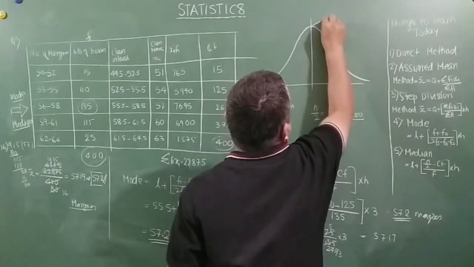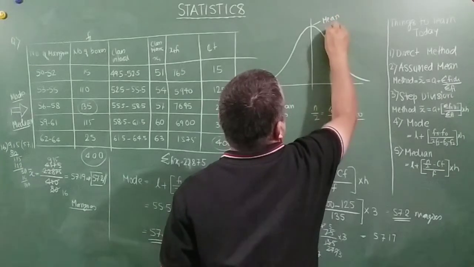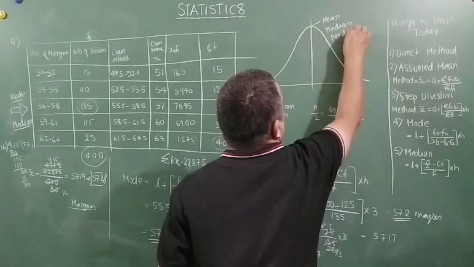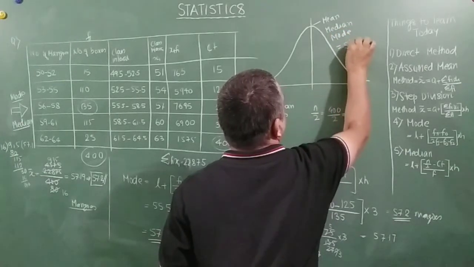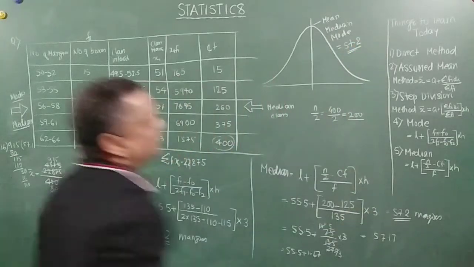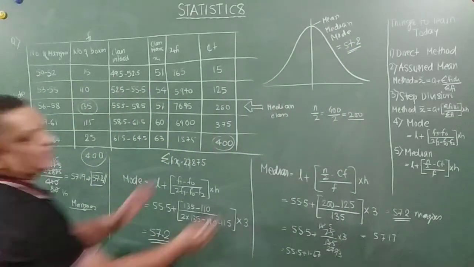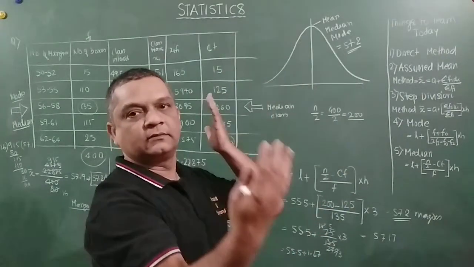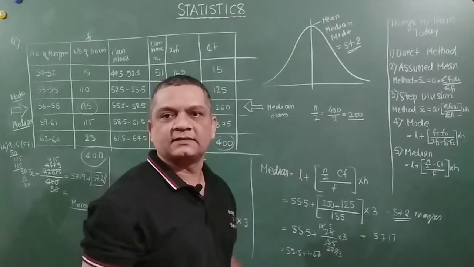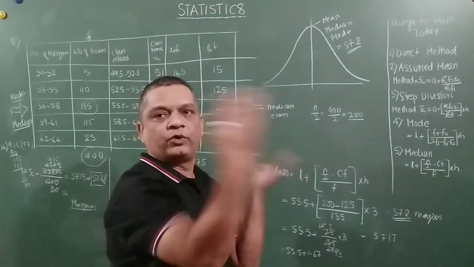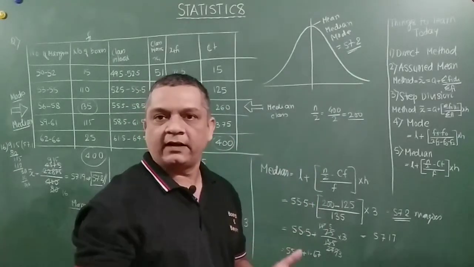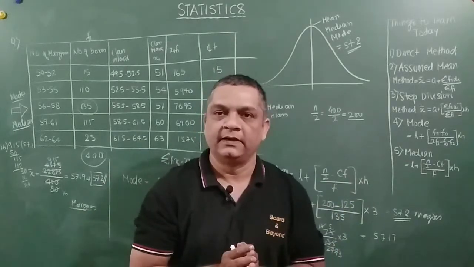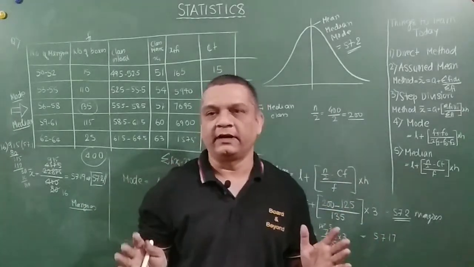And this value is mean, median and mode, and all will be equal to 57.2, right? This will be a bell-shaped structure, which will be equally distributed along the y-axis, right? This is called symmetric data. For symmetric data, your mean, median and mode all will coincide. It is not skewed. It is symmetric, right?